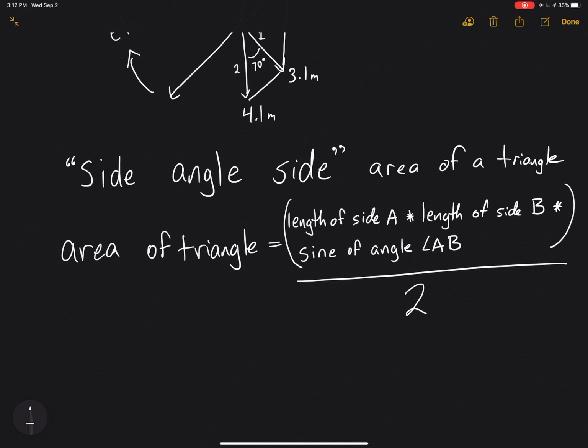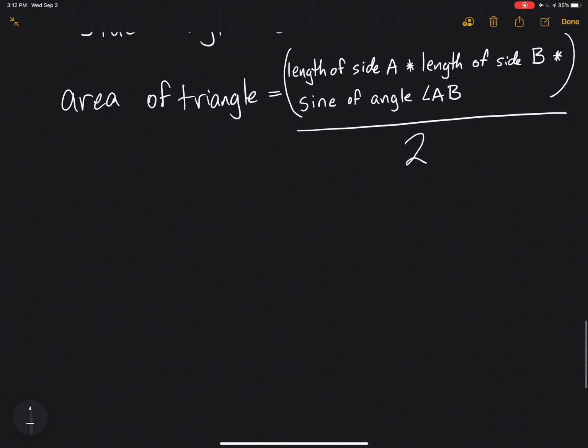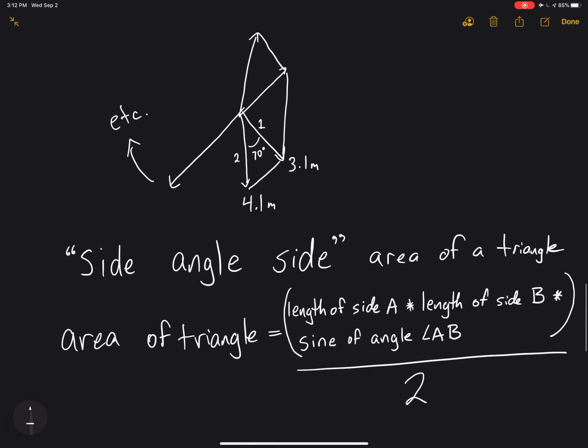Okay, so we've written it out in kind of long form here for you, so for those of you who absolutely hate math, we can just kind of talk our way through it. The area of a triangle is equal to the overall quantity of the length of side A times the length of side B times the sine of the angle formed by those two sides A and B. Whatever that angle is in our example, again, it's 70 degrees.